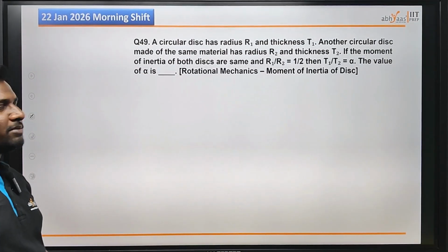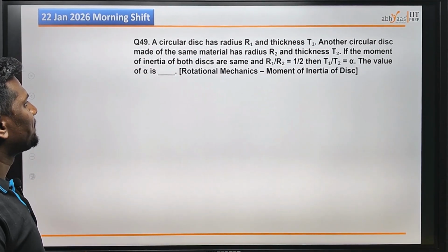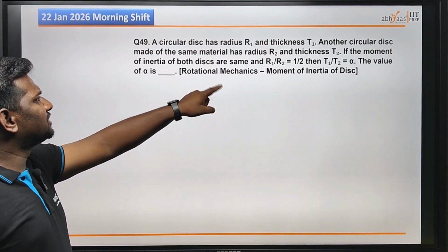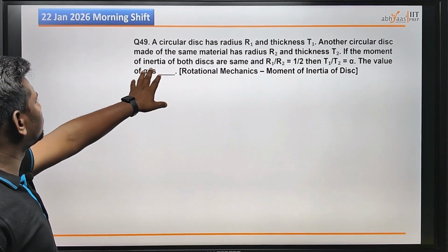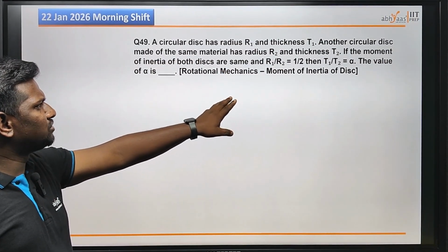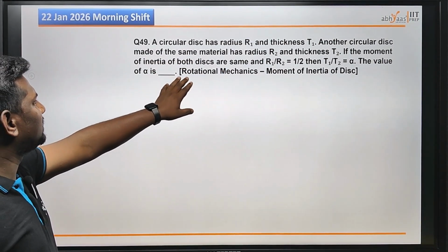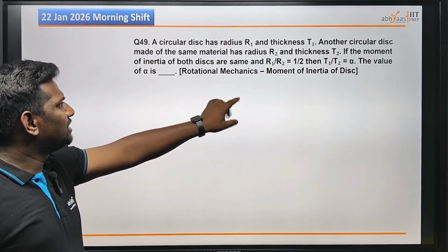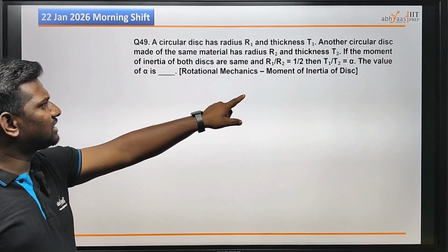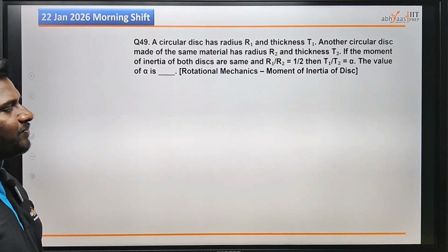Next one, see here, question number 49. A circular disc has radius R1, thickness T1. Another circular disc is made of the same material, has radius R2, thickness T2. If the moment of inertia of both discs is the same, and R1 by R2 is given, and T1 by T2 is alpha, then find the value of alpha.